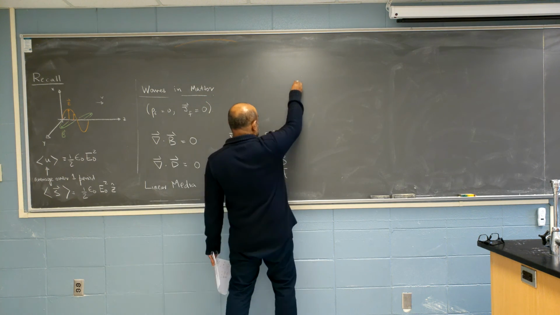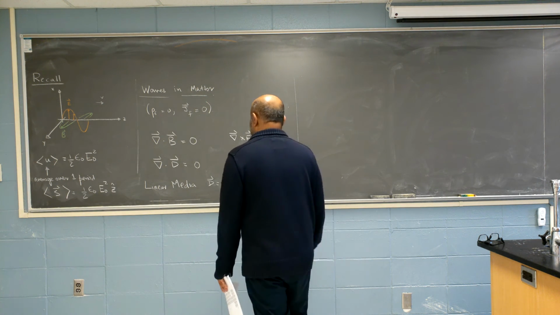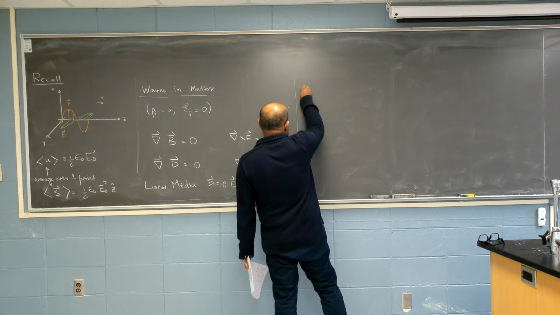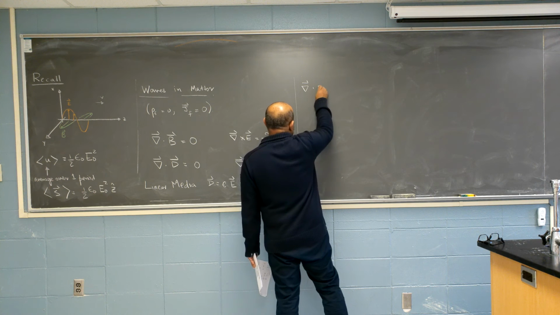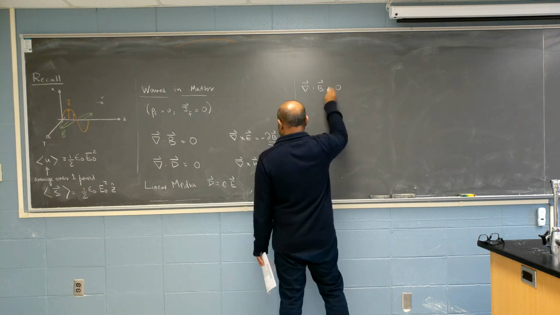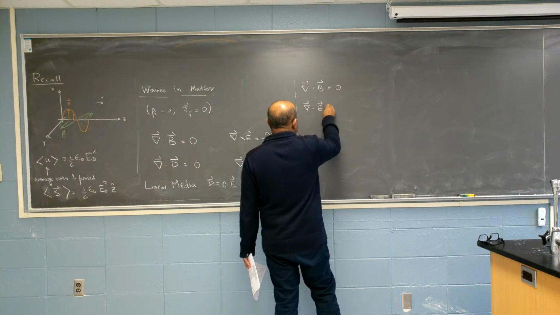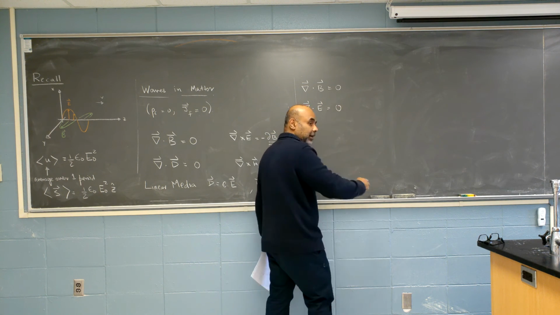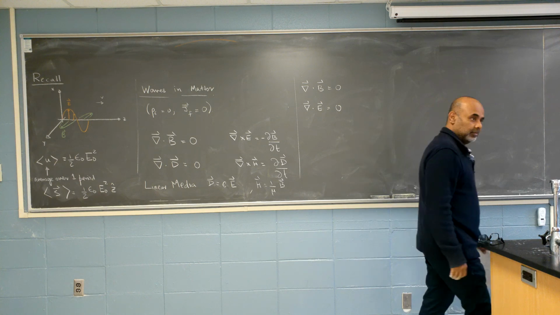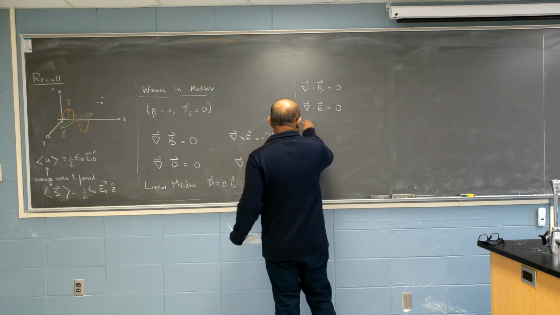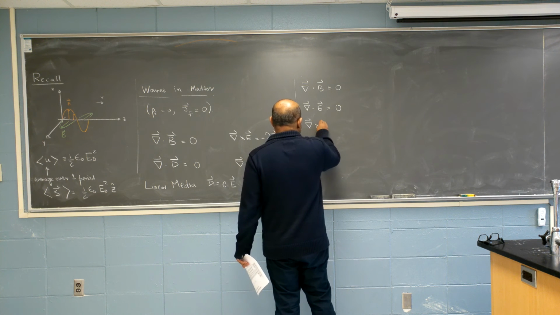So let's very easily write out the equations. Divergence of B equals 0. Divergence of E equals 0 because epsilon is a constant. We're talking about in the medium.